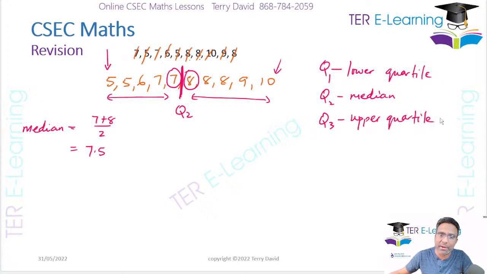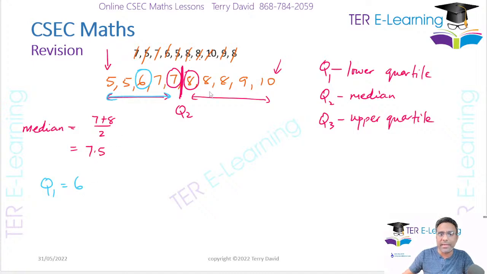Now I am looking at ungrouped data. This data here is ungrouped data. Now I already know that I have 10 scores. So to figure out what is my lower quartile, it's simply going to be the middle of this set of numbers here. Now you have 5 numbers there, so your middle number is going to be 6. So therefore your Q1 or your lower quartile is going to be 6.